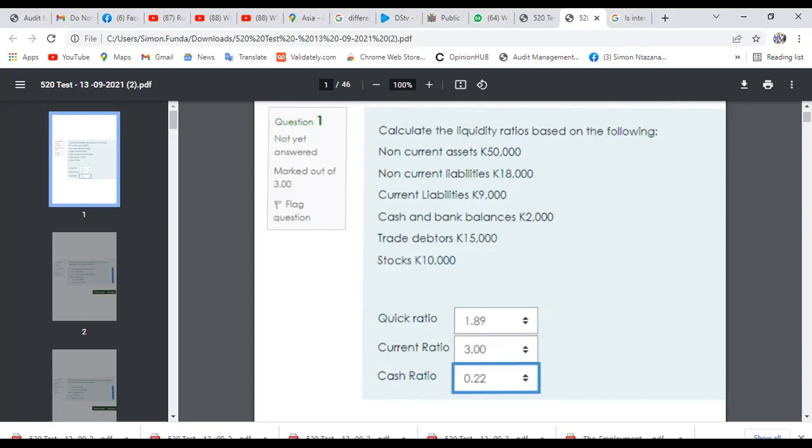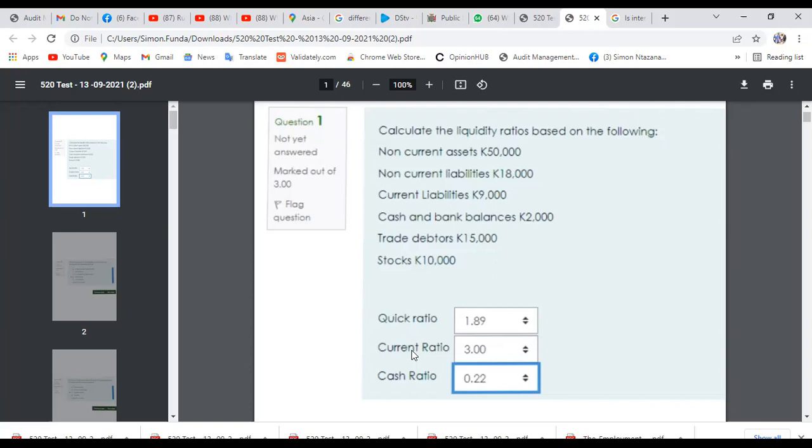Okay, so the last question on number 2, where you said plus 10,000 kwacha stock. My question is, the formula for current ratio is current assets. So stock is an asset, it's a current asset which you will have for a while, isn't it? Yes.